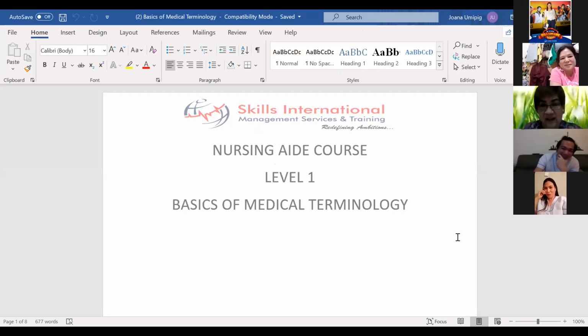So anyway, you can see now the slide share. Nakikita nyo na ba yung slide? Okay. So, we go with the basics of medical terminology. Makinig kayong mabuti kasi it's a little bit hard or difficult ang mag-form ng medical terminology. So, let's go forward with this medical terminology.